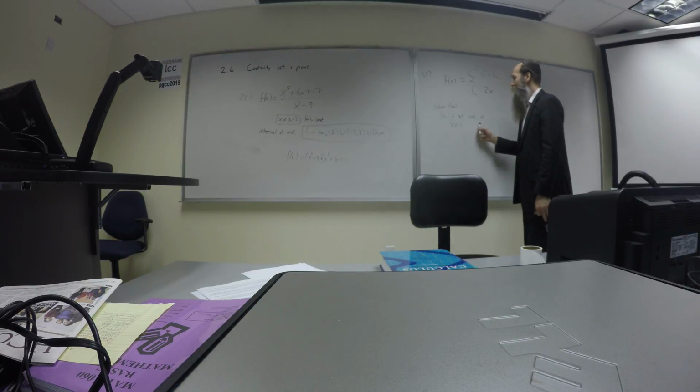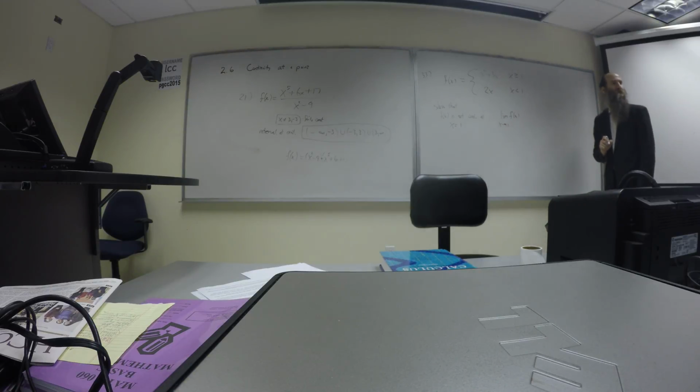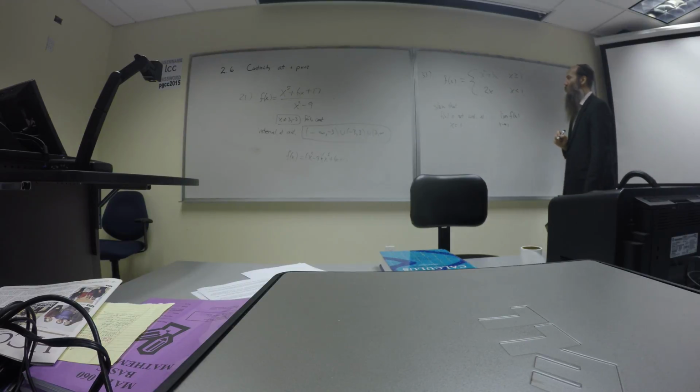So if we want to show it's not continuous at x equals 1, we start with the definition. We first try to find the limit of f of x as x approaches 1. We need to find that and make sure it exists. That's the first part of the definition of continuity at a point. The problem is it is acting one way to the left of 1, and another way to the right of 1. It's not the same function on both sides because it's piecewise.